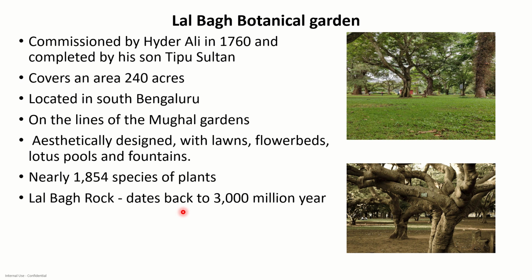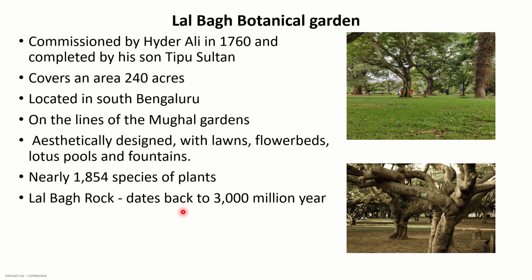Let's take a deeper look into some of our very famous botanical gardens. By seeing the picture itself, you can understand this is a photograph taken in Lalbagh Botanical Garden. It was commissioned by Hyder Ali in 1760 and completed by his brave son Tipu Sultan. It covers an area of 240 acres and is located in the southern end of Bangalore.